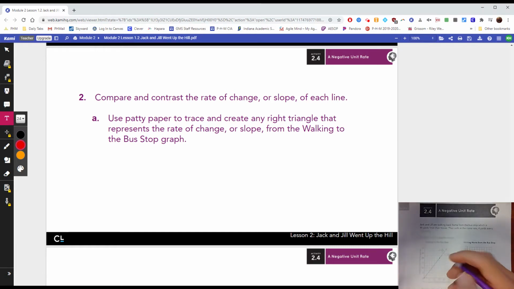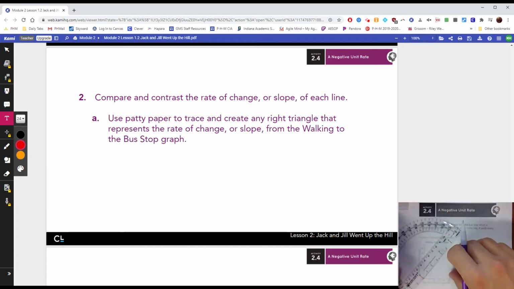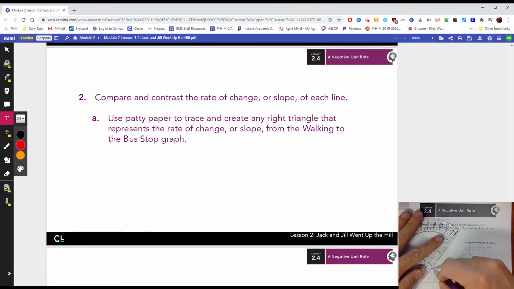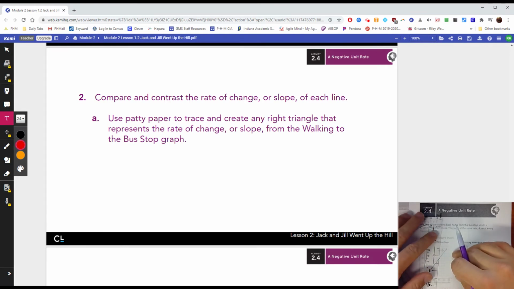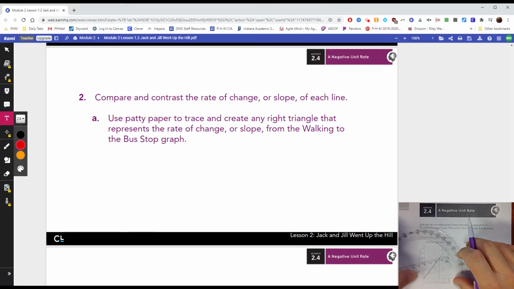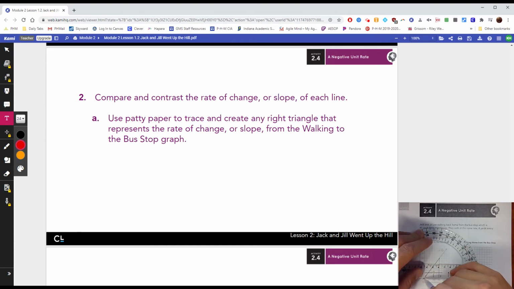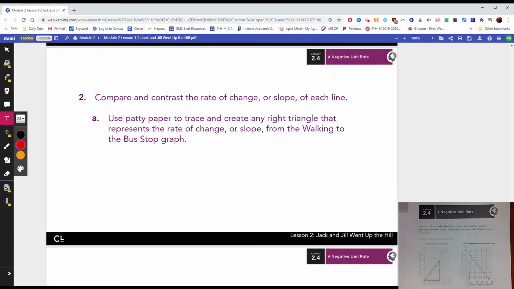And then I'm going to draw my triangle based on those 2 points. All right, so there's my triangle, my right triangle that represents the rate of change or the slope.